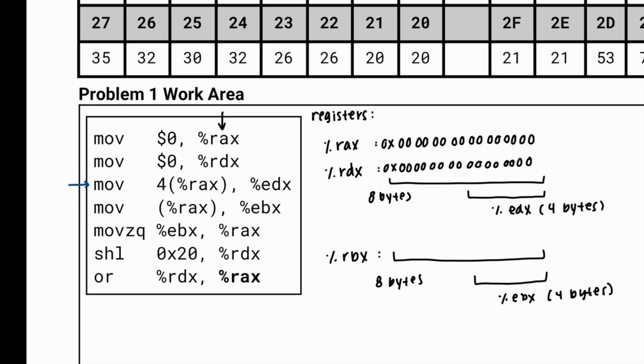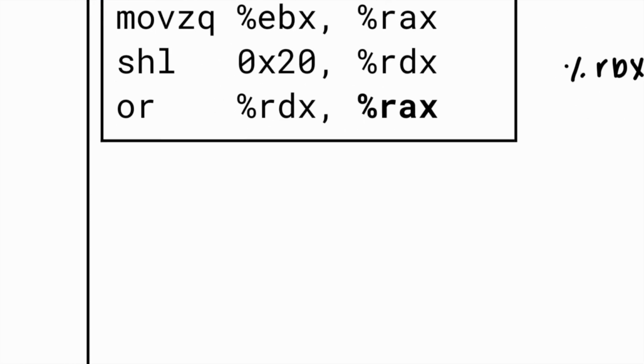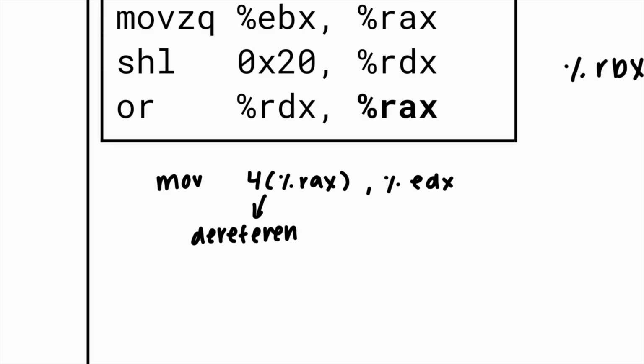In our third instruction, we see a special instruction where we are moving 4(RAX) into EDX. Let's break down what this 4(RAX) means. This parentheses means we are dereferencing. It means the value in RAX is a memory address.